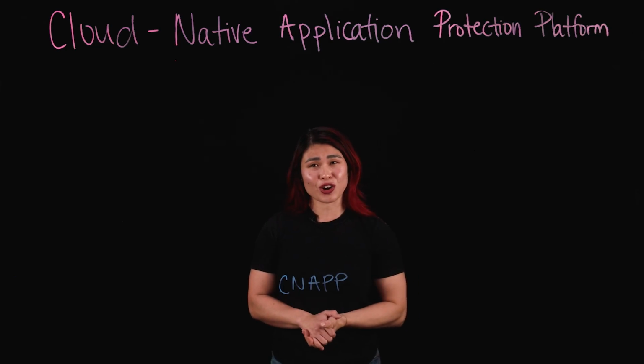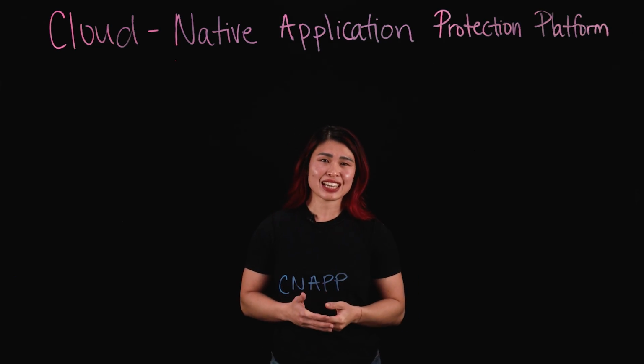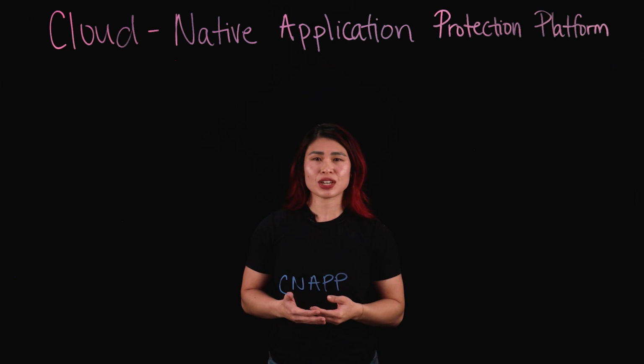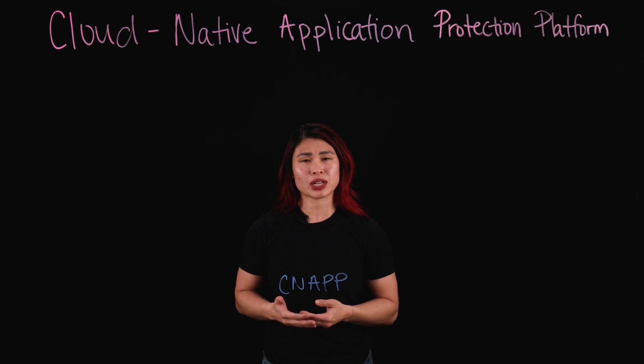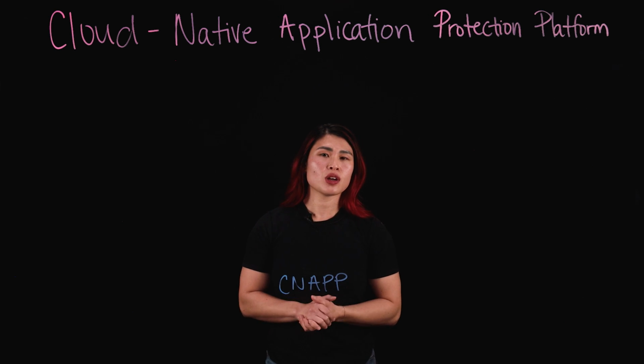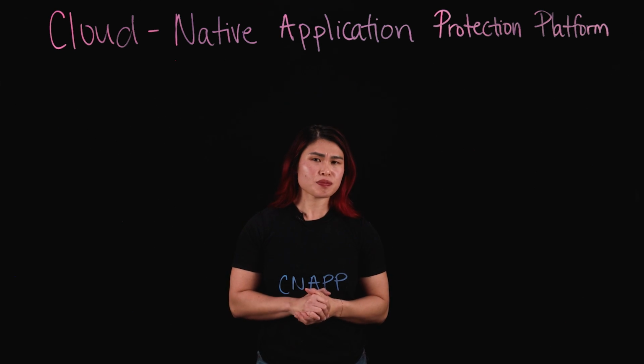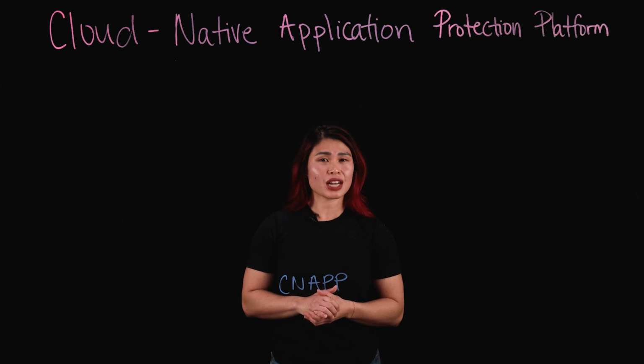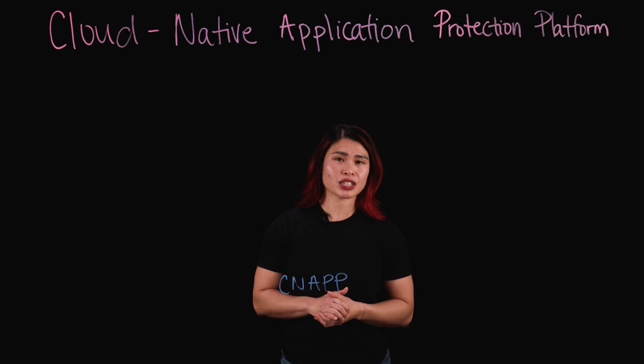CNAPP was coined by Gartner as a unified and tightly integrated set of security and compliance capabilities designed to secure and protect cloud-native applications across development and production. So what does that mean for businesses and organizations that are looking to not only adopt, but even consider replacing their security and compliance strategies and approaches?